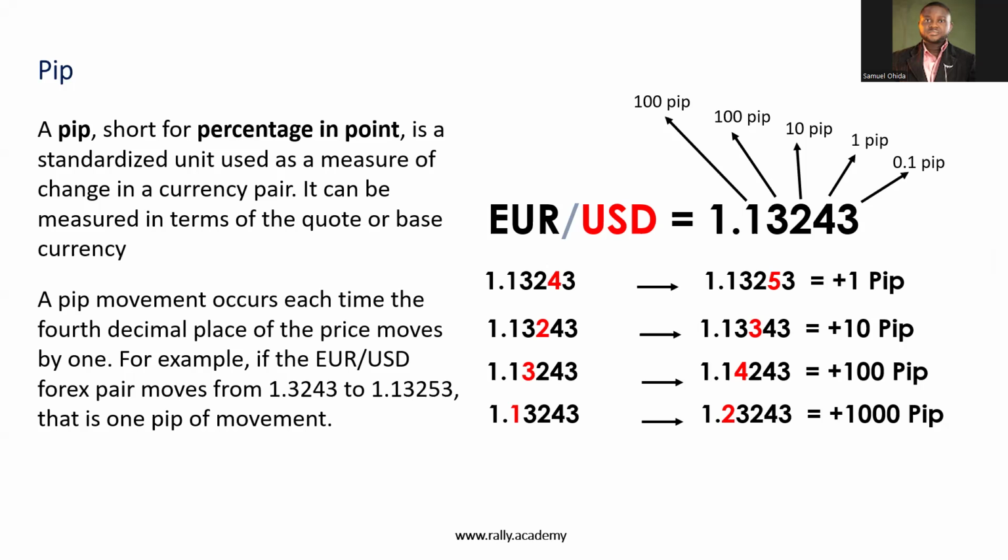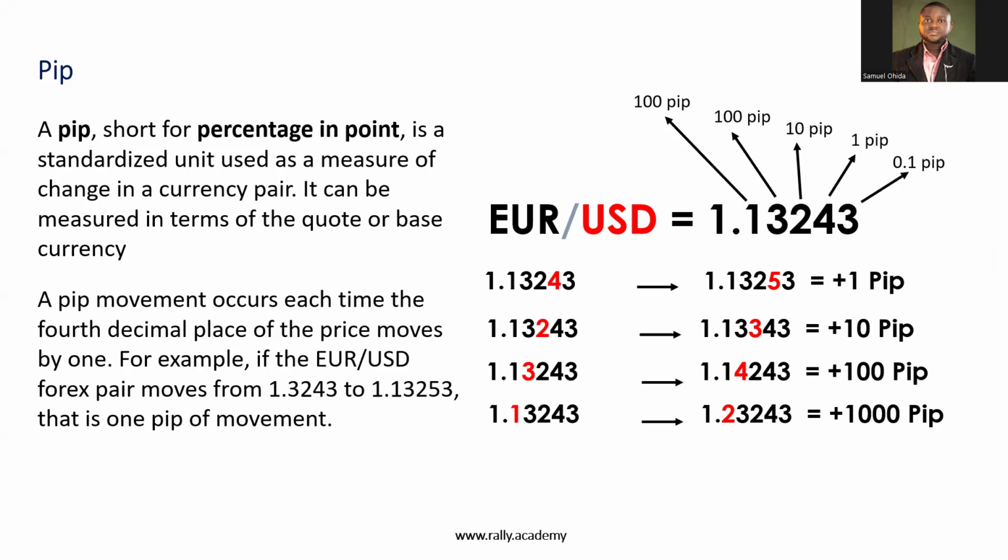Now, remember, a currency cannot be traded on its own. A currency is traded in pairs, and that's why when we talk about trading, you will see something like EUR USD, or something like GBP USD. This is trading GBP against the dollar. A currency pair is usually made up of 2 parts.